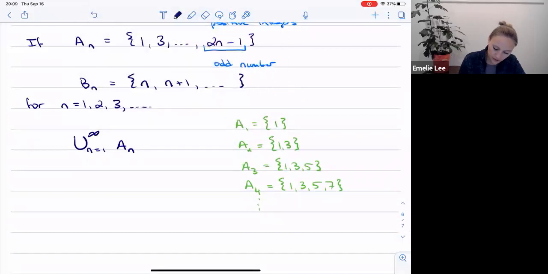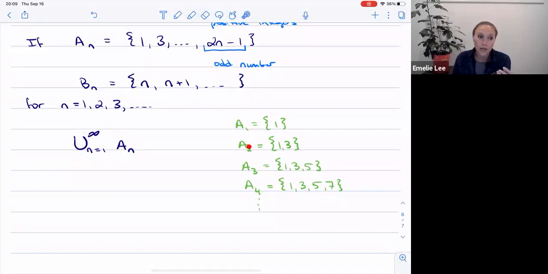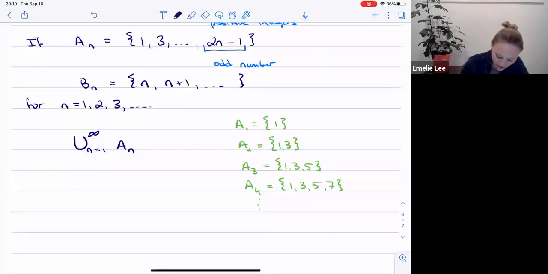So if we take the union of all those, so it can be the set of A1 or A2 or A3 or A4, that's going to end up being just the largest possible version, right? Up to n equals infinity. So that's going to technically go until infinity, right?